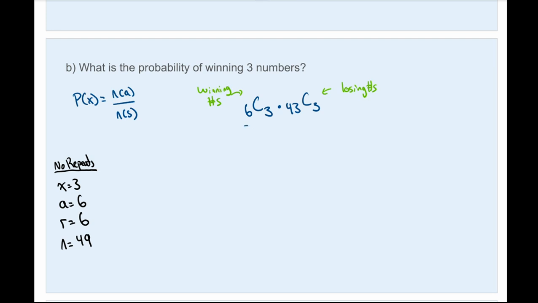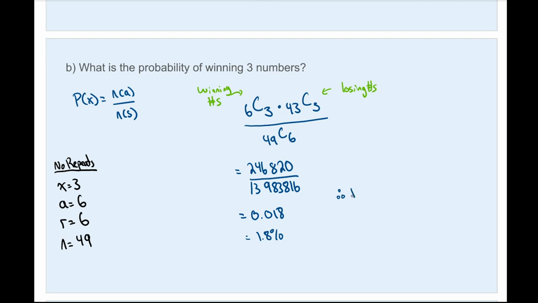And that's what we divide by our total number of possible outcomes. So 49 choose 6, 246,820 divided by 13,983,816, which works out to 0.018 or 1.8%.